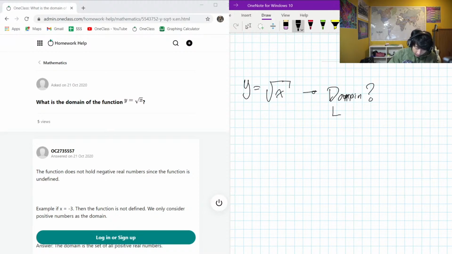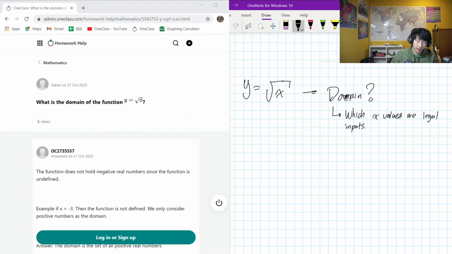Essentially the domain is which x values are legal inputs. Right? Because that's essentially what the domain is. What are we allowed to input into our function here?